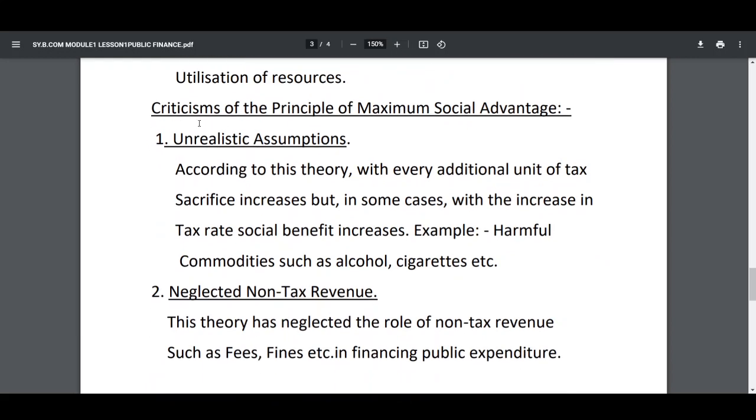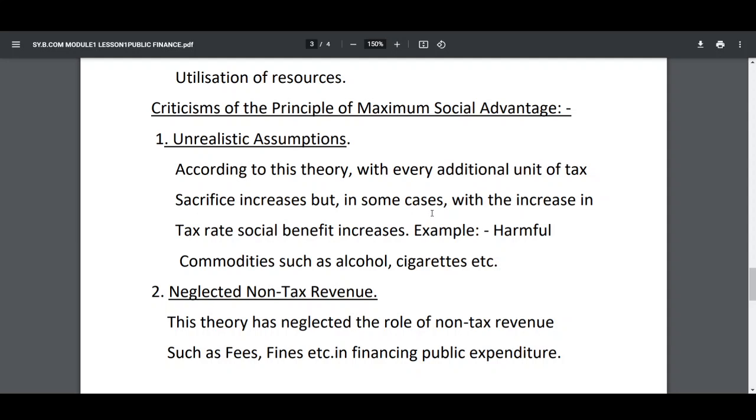Now, next one, we are coming to the criticism of the principle of maximum social advantage. First criticism is that it is based on unrealistic assumptions. According to this theory, with every additional unit of tax, sacrifice increases.